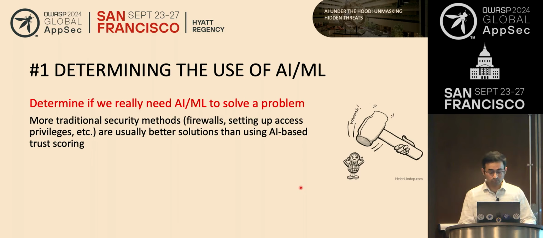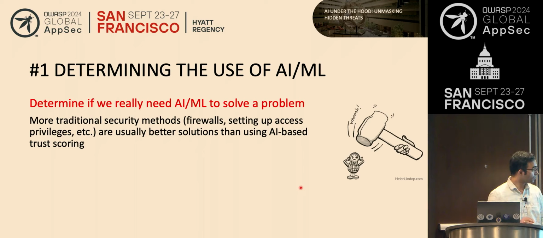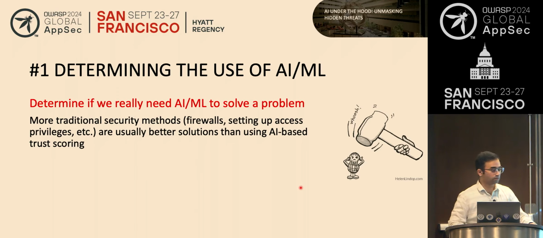Because if we don't need AI and we don't need to realize that particular feature, then we do not need to complicate things from the security standpoint. For example, there are more traditional security methods like firewalls or setting up access-based privileges that are usually better solutions than using AI-based trust scoring.